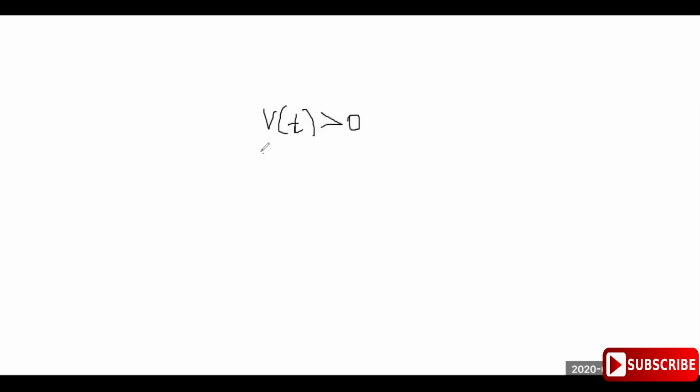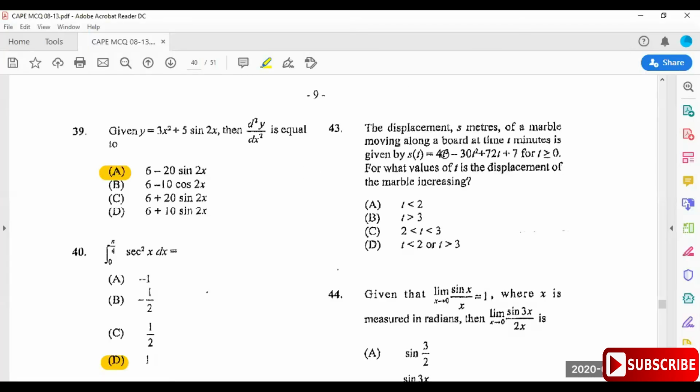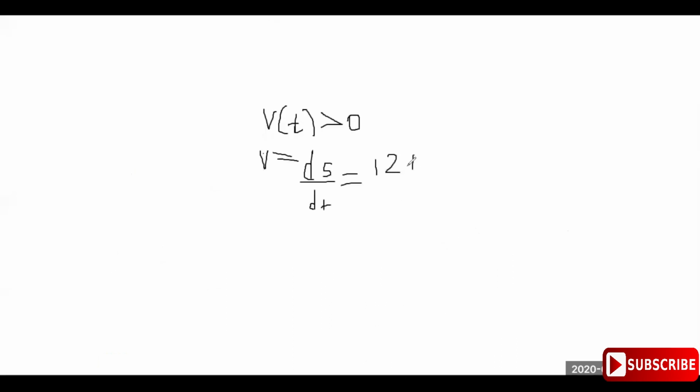However, v is just ds by dt. When you differentiate displacement, you get velocity. So in this case, ds by dt is 12t squared minus 60t plus 72.